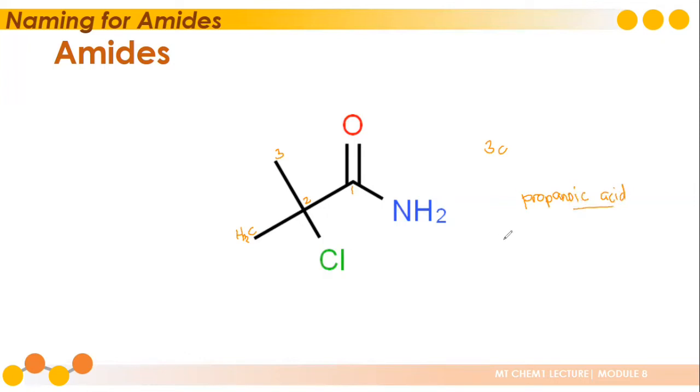Changing "oic acid" to "amide," this is propanamide. And then let's start naming the substituents. On carbon number 2, we have a chlorine and a methyl group. So this is chloro, and this is methyl.